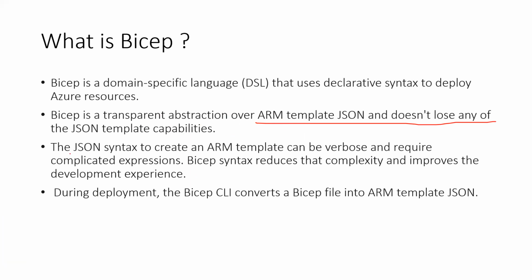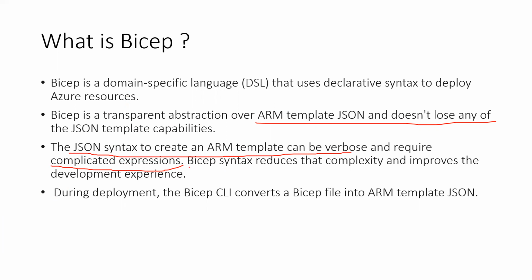And we all know that JSON syntax is a bit large, and you have to declare everything inside braces. If you need to use expressions like concat functions or other functions, or call parameters or variables, all of that gets complicated, and the expression becomes very complicated, which Bicep is going to reduce.